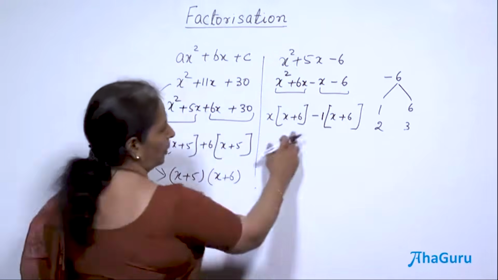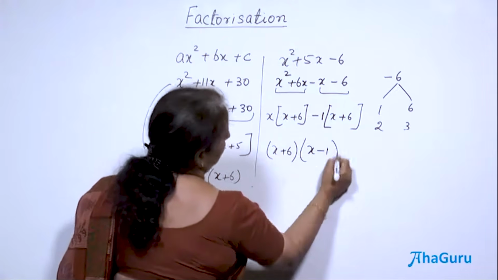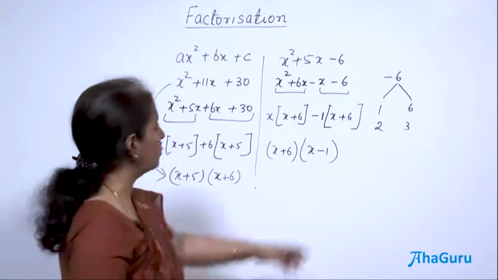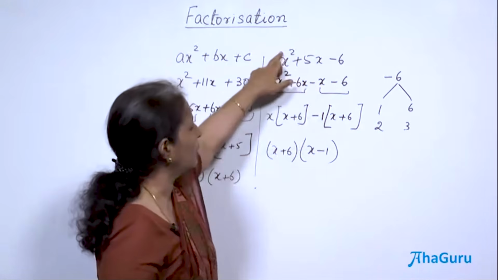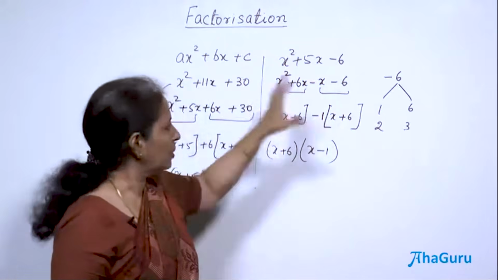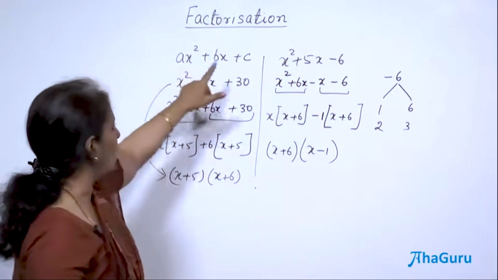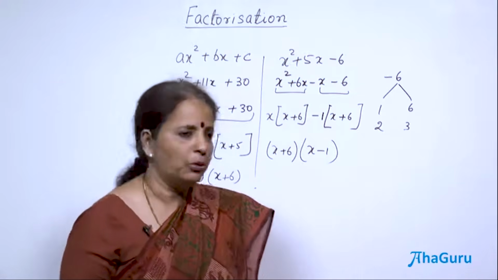Now, what is common between the two? X plus 6. The other one is x minus 1. These two are the factors for this particular polynomial. There are three terms. This term is a square term, this is without a square term, and this is a constant. So, this is the standard format, ax square plus bx plus c. In this order, whenever you see this, this is the only formula you will be using.